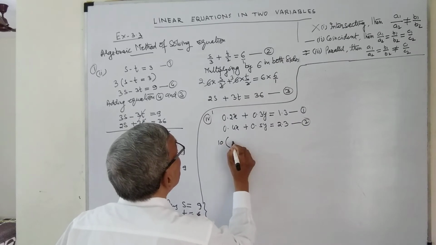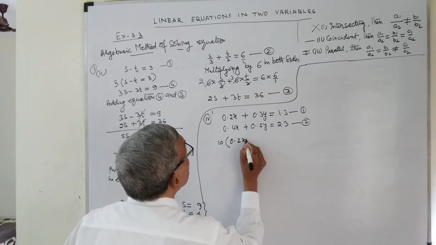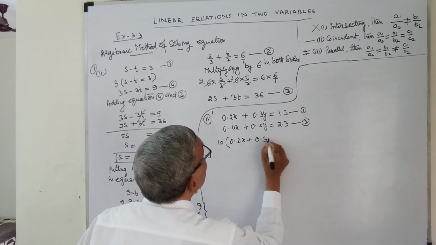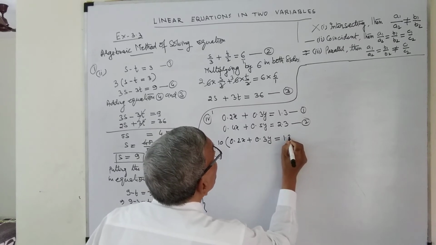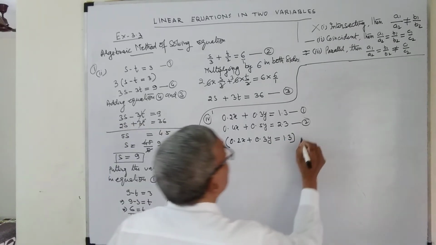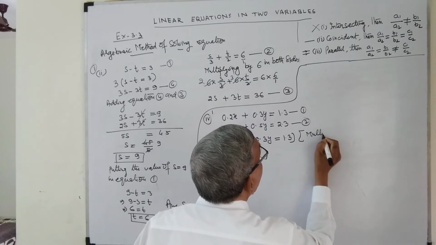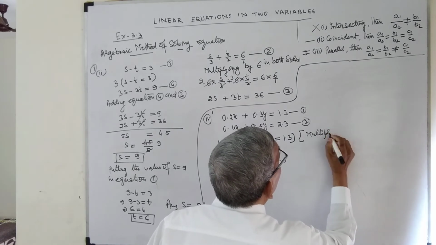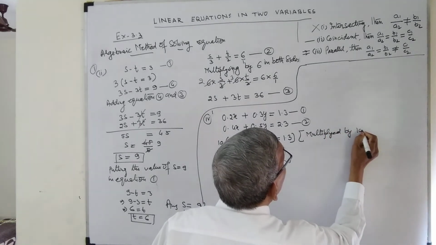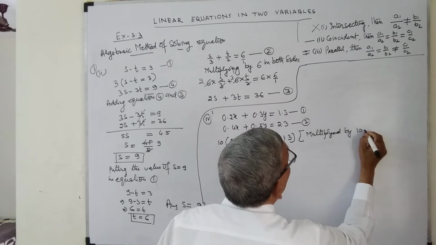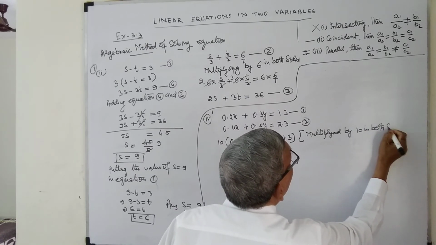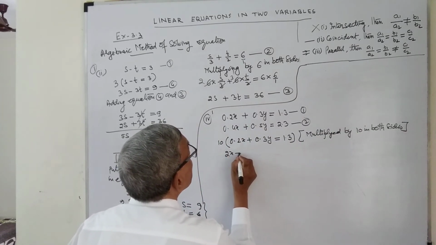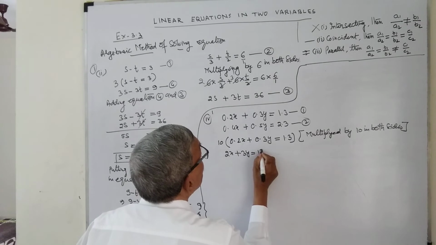So we are multiplying this equation, 0.2x plus 0.3y equal to 1.3. Equation 1 we multiplied by 10 on both sides. So you will get 2x plus 3y is equal to 13.